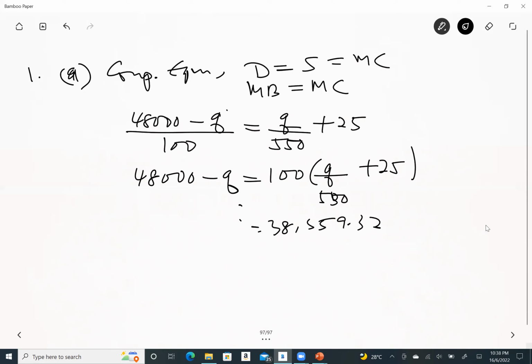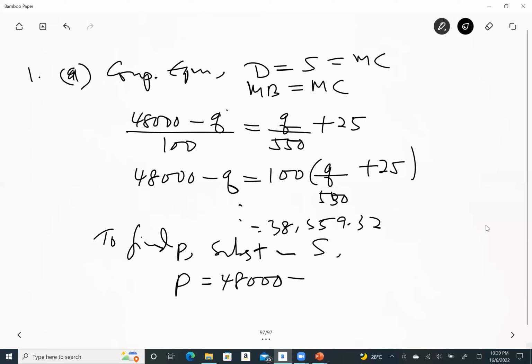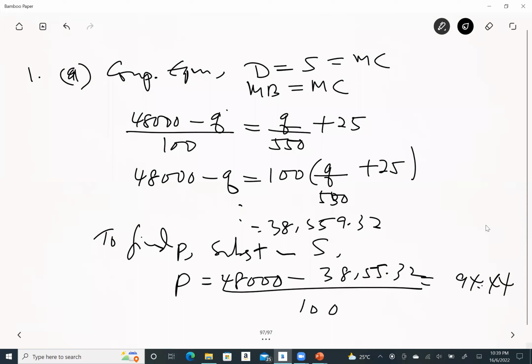And then to find the P, I substitute into the supply, the MC. So P is equal to 48,000 minus 38,559.32 divided by 100. What do I get? I get 94.44. So that is the price of cement.